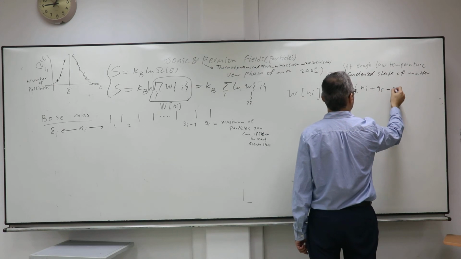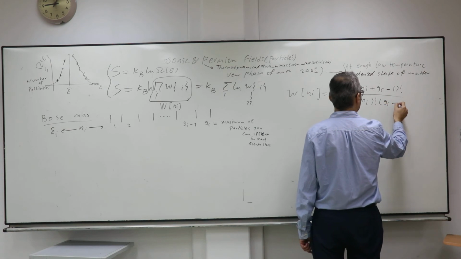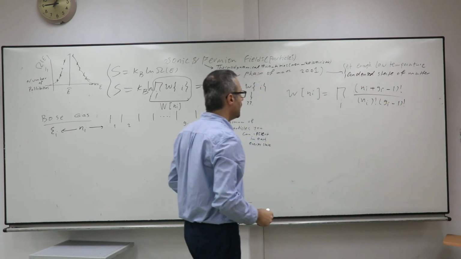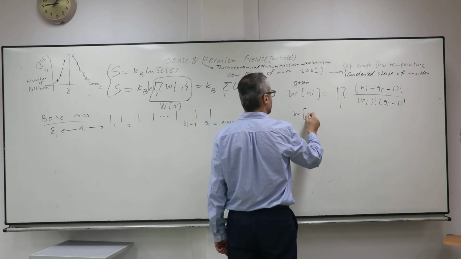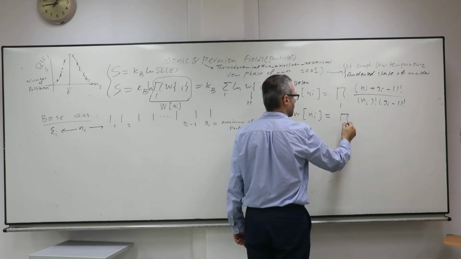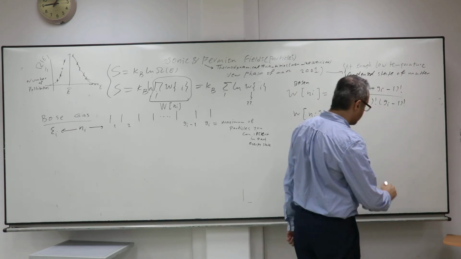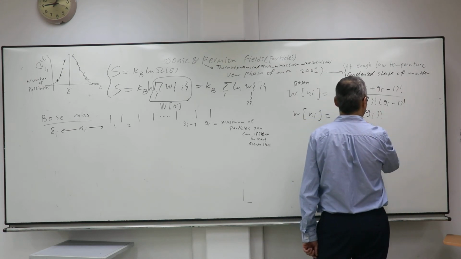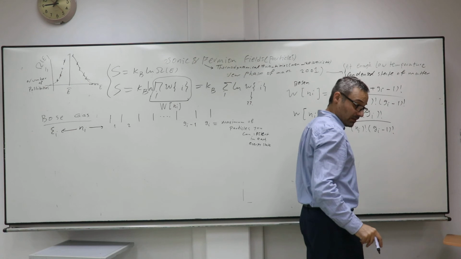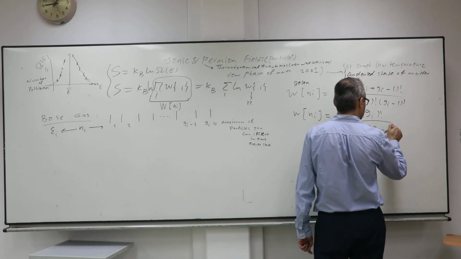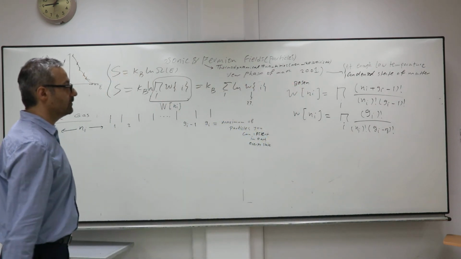By the counting method for the boson, this W(Ni) will be (Ni plus Gi minus 1) factorial over Ni factorial times (Gi minus 1) factorial. Maybe I will come back to this in the next lecture, because I want to find an easy way to derive this expression.